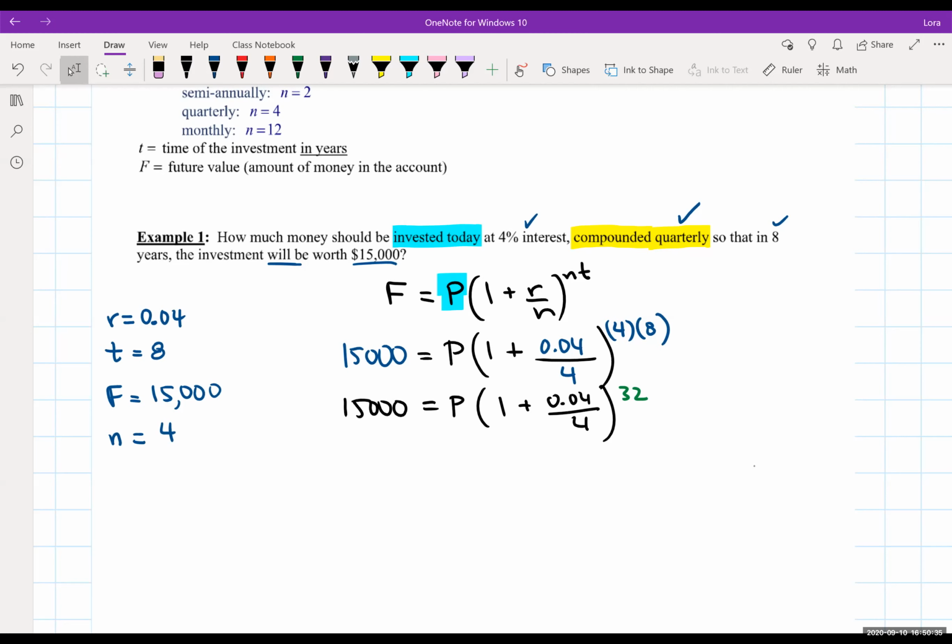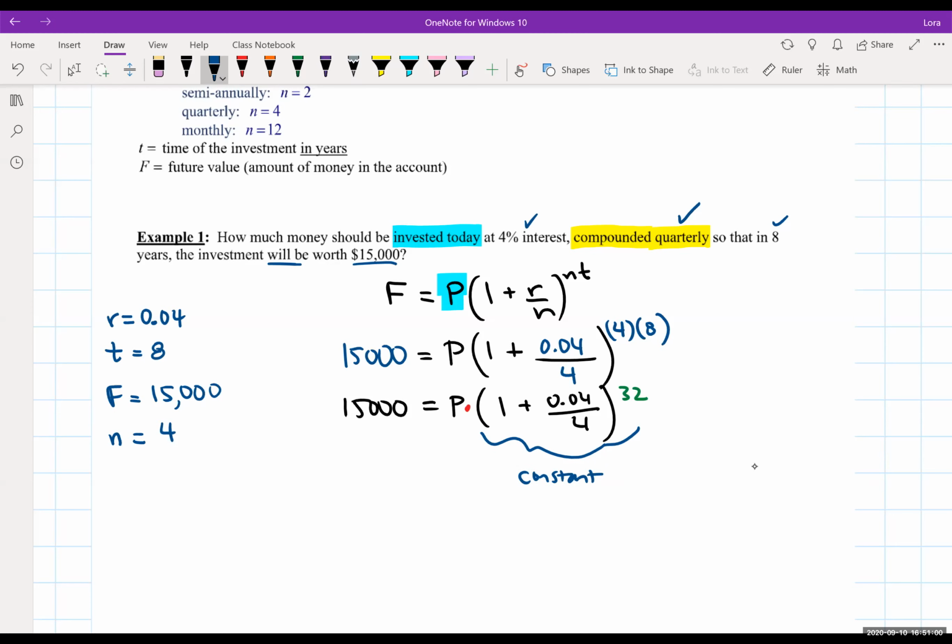I just want to keep in mind that if I'm actually looking for the exact solution to this, we are solving for P. And notice that P is a factor of this expression, 1 plus 0.04 divided by 4, all taken to the 32nd power. This, my friends, is really going to be a constant.